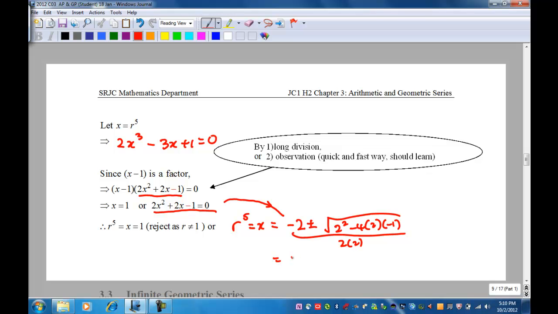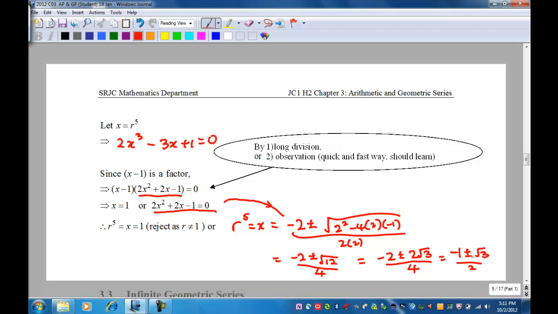That gives us root 12, and this root 12 simplifies to the square root of 4 times 3. So root 12 is root 4 times root 3, and that is 2 root 3. Simplifying this further, we divide numerator and denominator by 2, and we get minus 1 plus or minus root 3 over 2.